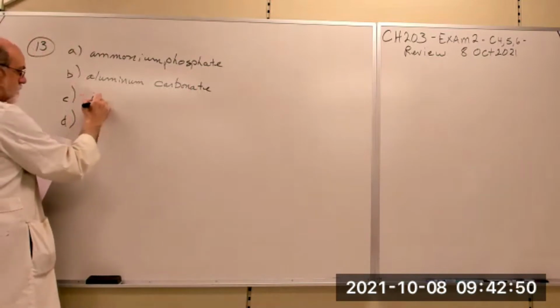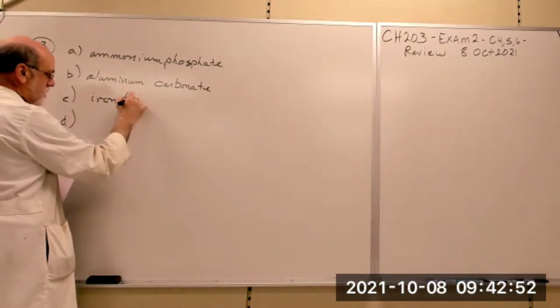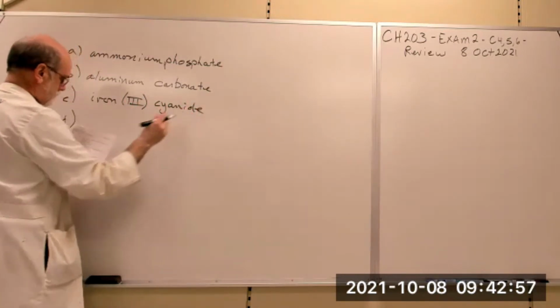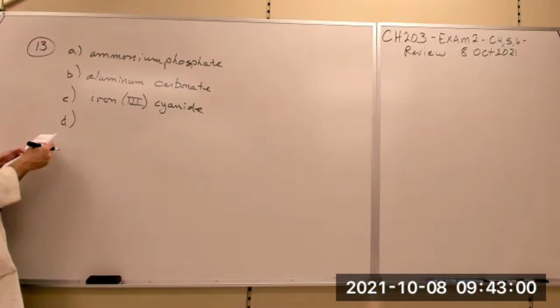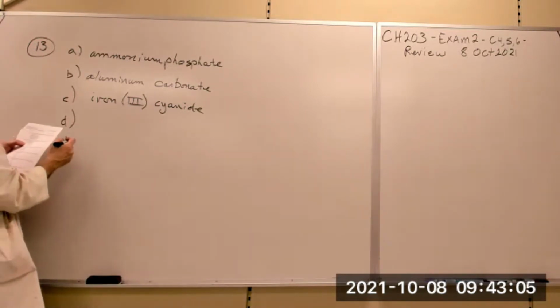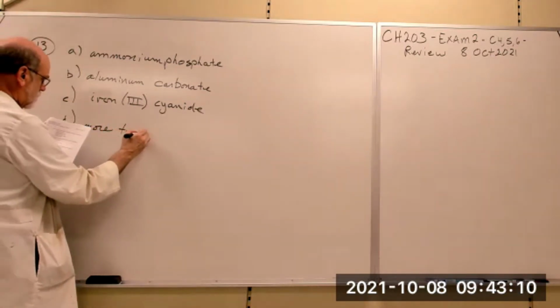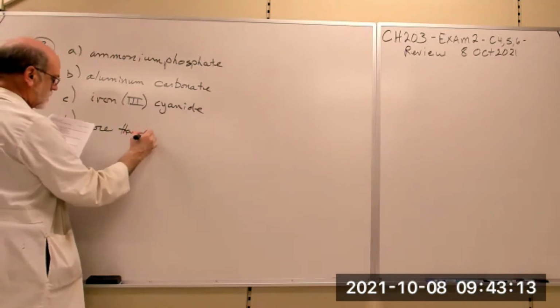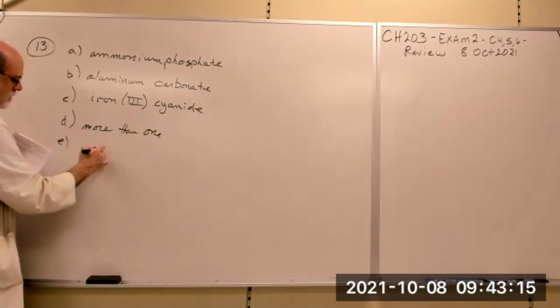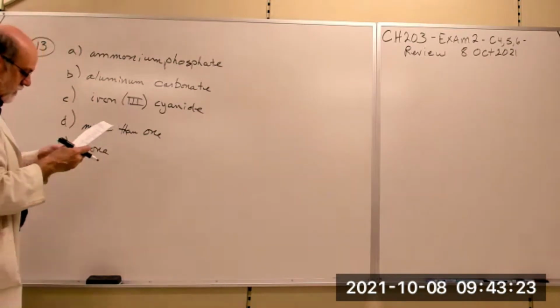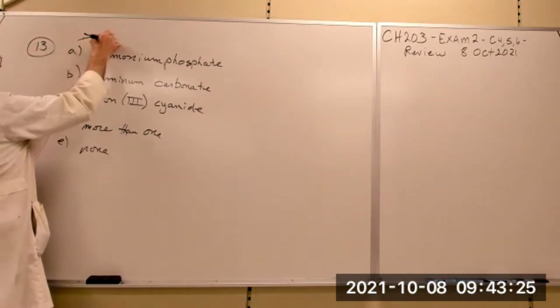This one is iron 3 cyanide. Oh, this is more than one, and this is none. So we only have to do those three to see if these fit. We're looking for greater than 10 atoms.